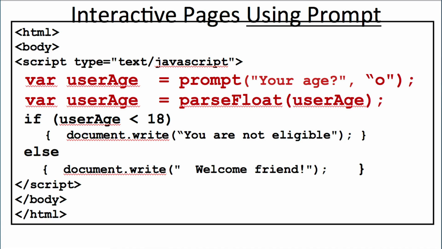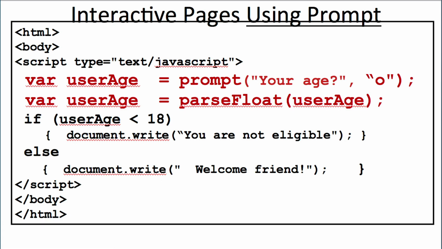This is the prompt function, and inside the prompt function we have two arguments. The first argument is a string, where we give a message about what the user has to do. In this case we have mentioned "your age?", so it means the user has to input the age. And the second argument is 0: suppose we are not inputting any value, in this case the default value 0 will be transferred to userAge.